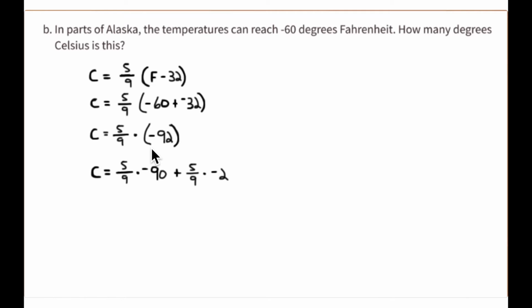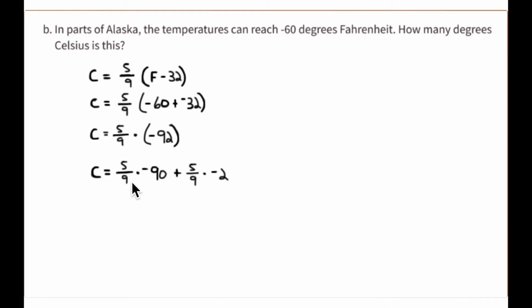One way of approaching that without using a calculator is just to split the 92 into a number that's a multiple of 9, and then whatever's left over. So 90 is a multiple of 9, so I can rewrite negative 92 as a negative 90 plus this negative 2. And I'm going to distribute the 5/9 to that. So it's 5/9 times negative 90 plus 5/9 times negative 2.